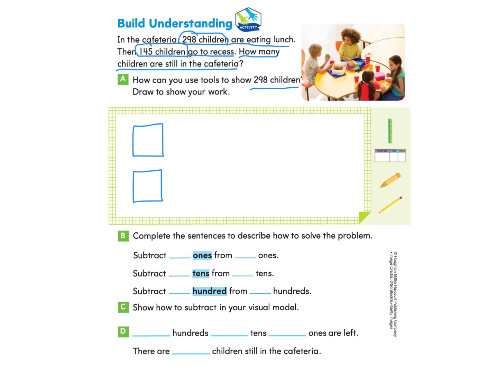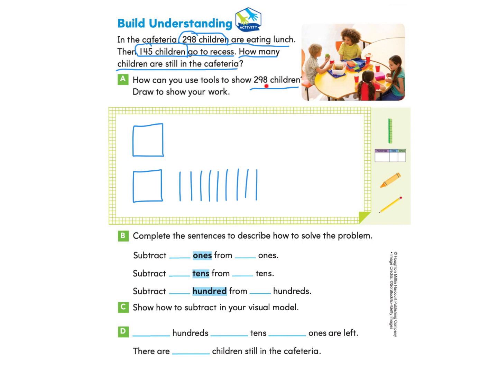So I've drawn 2 hundreds. Now in the tens column there's a 9, so I'm going to draw 9 sticks. 1, 2, 3, 4, 5, 6, 7, 8, 9. And those sticks are sticks of 10, just like we show here.